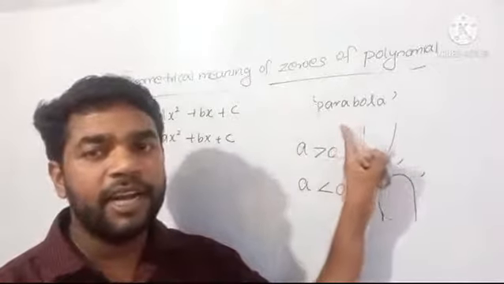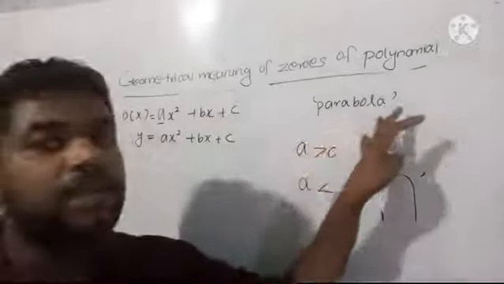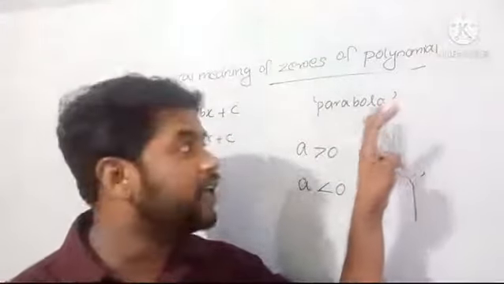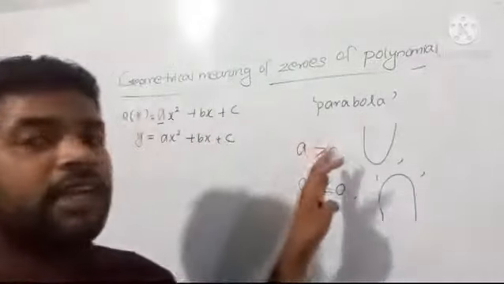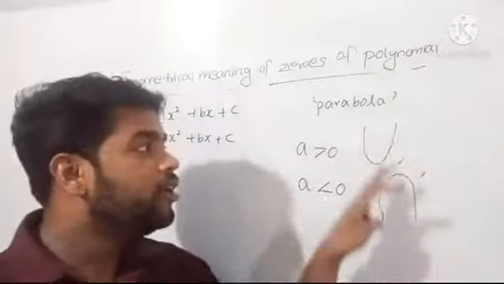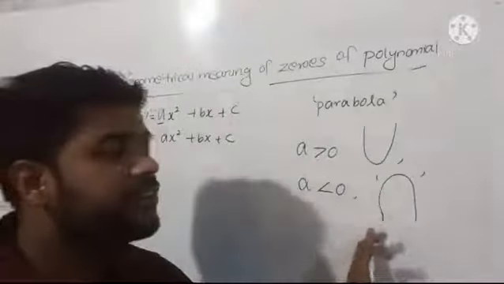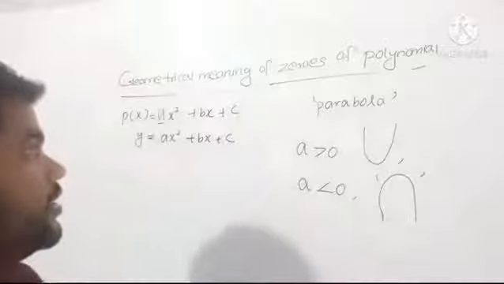The graph of a linear polynomial, which we studied now, is a straight line, and the graph of a quadratic polynomial is a parabola. The parabola can be upward or downward. When is it upward? If a is greater than 0. When is it downward? If a is less than 0.